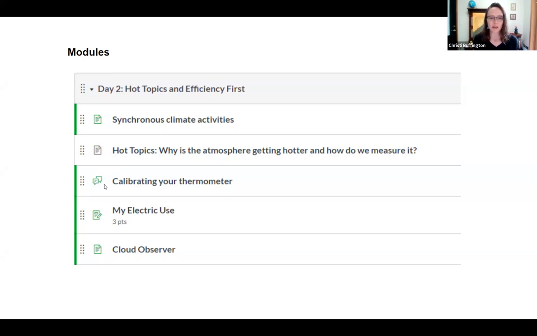Elena will be presenting calibrating your thermometer, and then you'll be doing your electric use assignment today. Also, your asynchronous activity tonight is to go through the Cloud Observer and download the Cloud Observer app. You can find all this information today in Canvas.